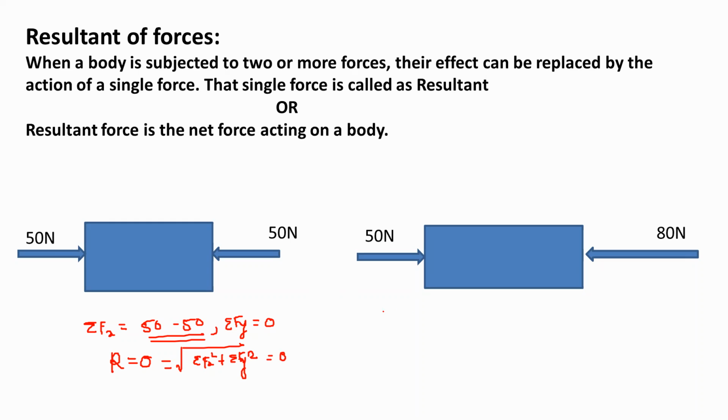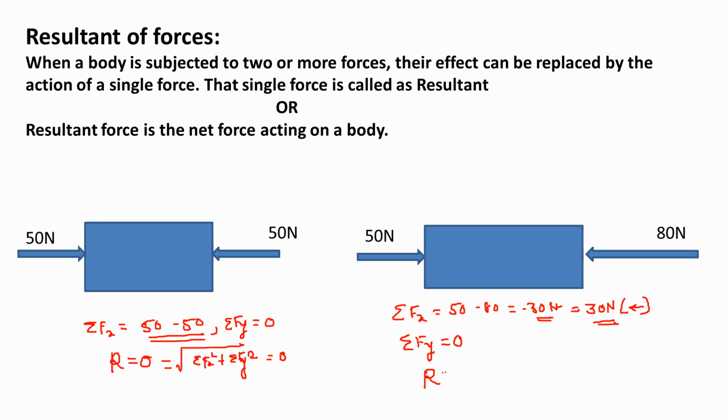In the second example, your summation Fx value will be 50 minus 80, that is equal to minus 30 Newton. So this minus 30 Newton means 30 Newton force acting in the negative x direction. As there is no force in the y direction, we can write summation Fy is equal to 0.